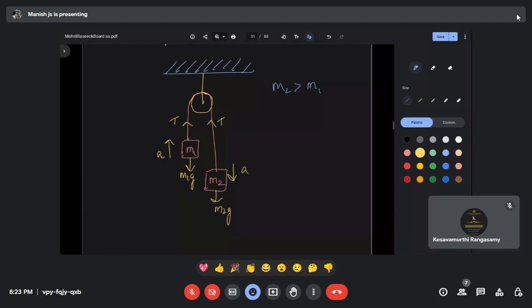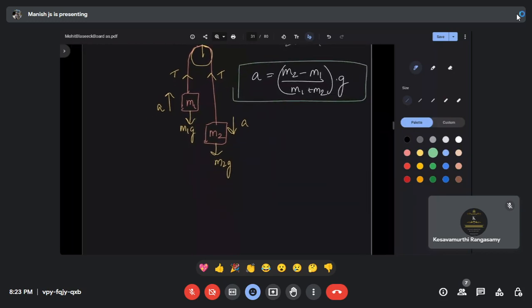So now we wish to write down the acceleration for this system. The acceleration relation is M2 minus M1 upon M1 plus M2, the whole into G. This is the acceleration of the system. Tension of the system can also be written.